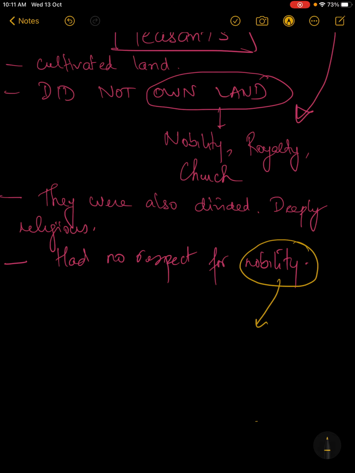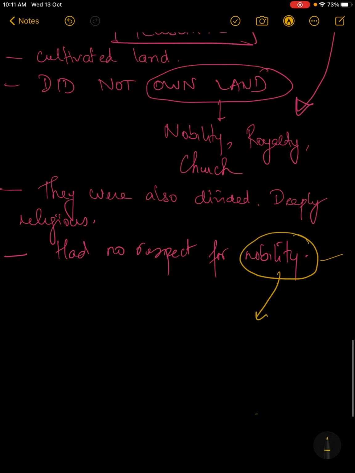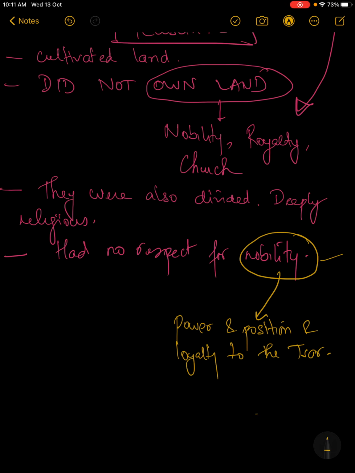If you were very smart or very intelligent, you could not become nobility. Nobility was because you were close to the Tsar. So because of power and position and loyalty to the Tsar, you became a noble in Russia, not because you were super talented or something.